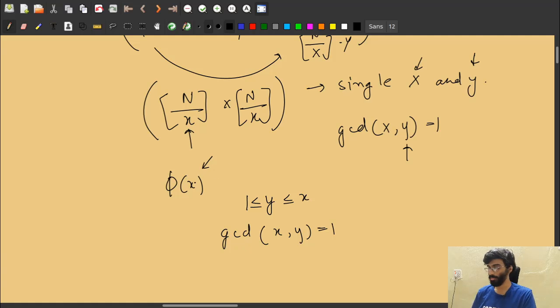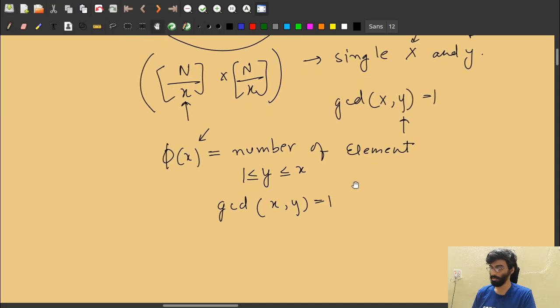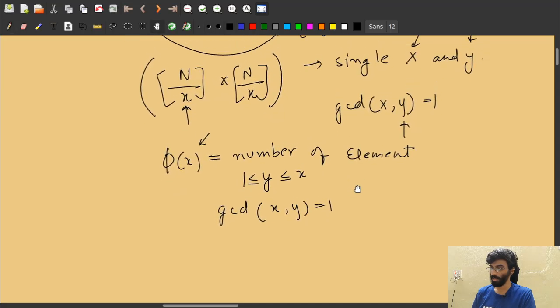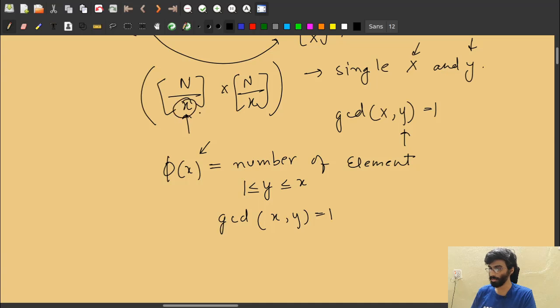So phi of x tells us the number of elements less than or equal to x and greater than or equal to 1, where GCD of x, y is 1. Hence for a single x there will be phi of x y's we can get.